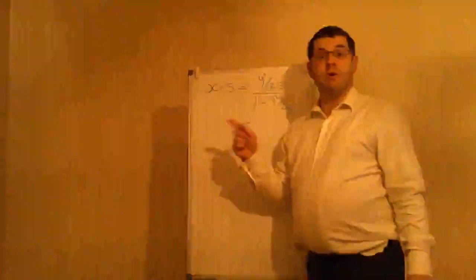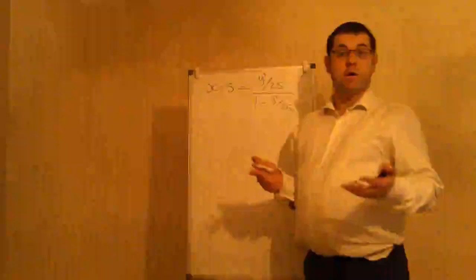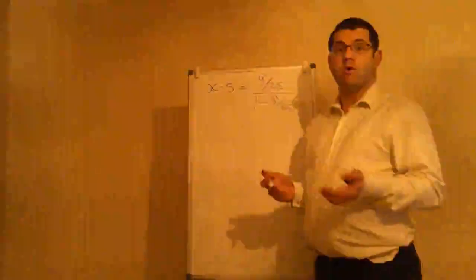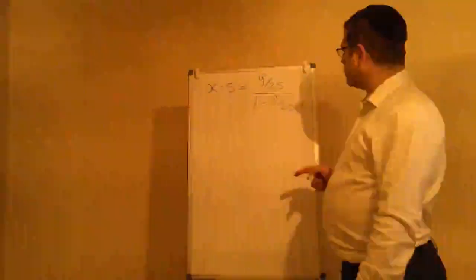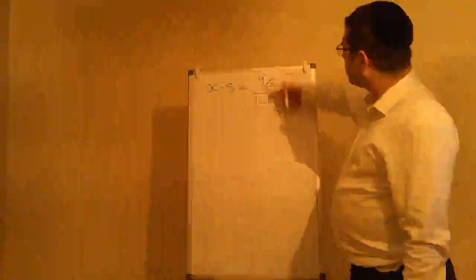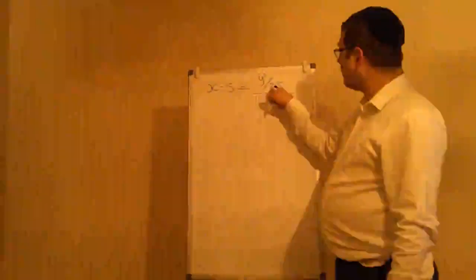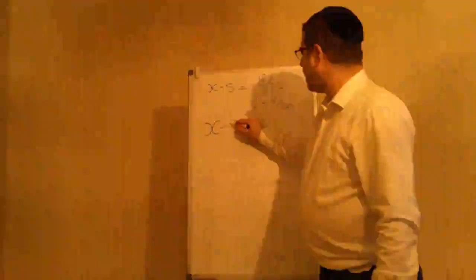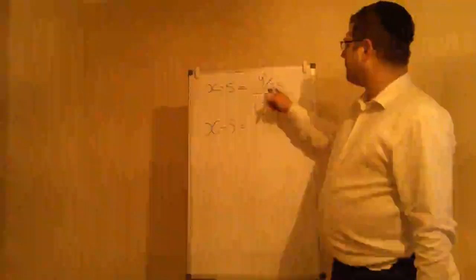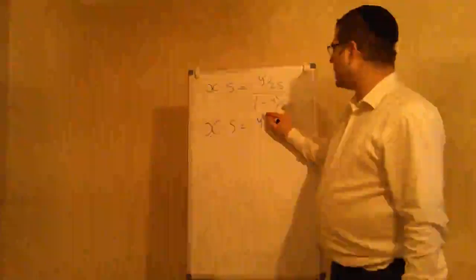Now, the only thing left to do is to make y squared the subject. If you remember, we were required to make y squared the subject. So what I suggest we do is let's multiply the top and the bottom of this fraction by 25. It will get rid of these denominators. So we have x minus 5. If we times the numerator by 25, that will go. So we've just got y squared.